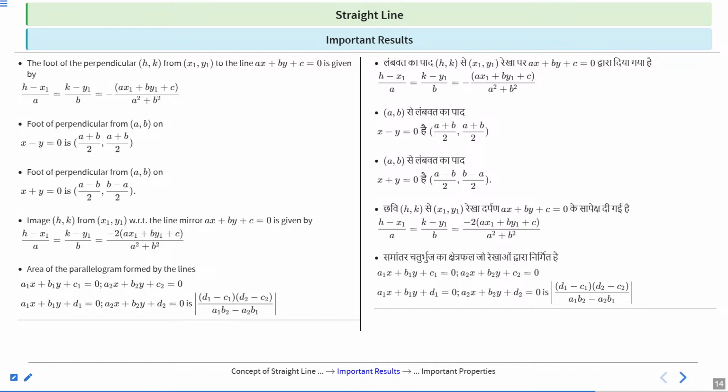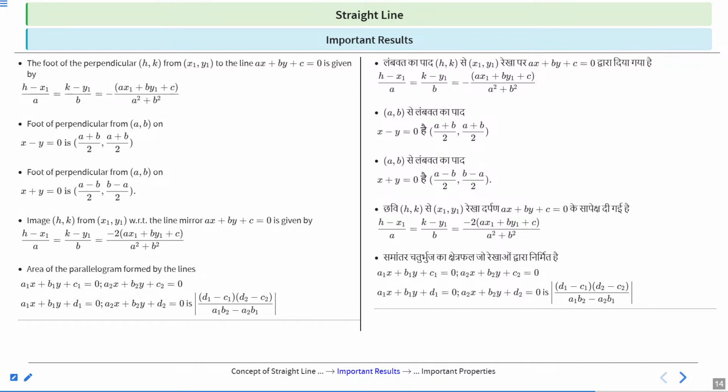Now the area of a parallelogram formed by two lines, right? Since it is a parallelogram, the opposite sides are basically parallel. Therefore, two pairs of lines should be parallel, right? So see, we are given the equations of four lines.